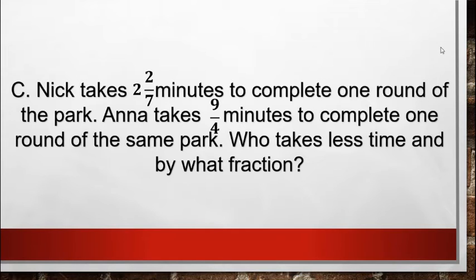Again, Nick takes 2 and 2/7 minutes to complete one round of the park. Anna takes 9/4 minutes to complete one round of the same park. Who takes less and by what fraction?